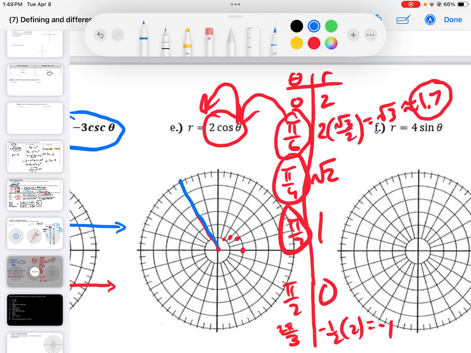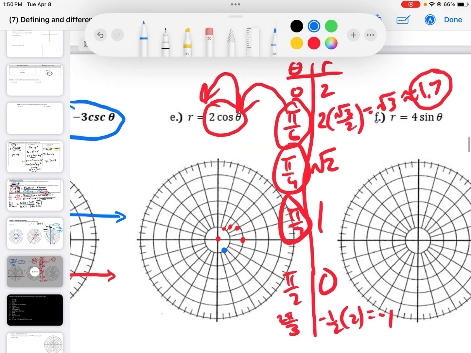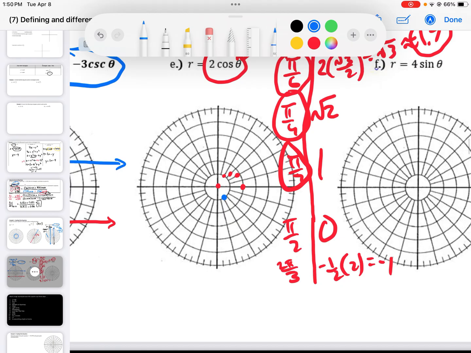So that's interesting. The theta is going this way, but if my radius is negative, I go opposite, but along that same line, but in the negative direction. So this time my dot is going to be right there. So the theta is still 2 pi over 3, but then I go backwards because the radius is negative 1. Okay, so let me erase that.